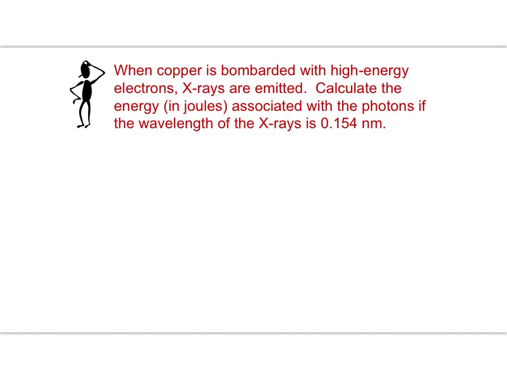When copper is bombarded with high-energy electrons, X-rays are emitted. Calculate the energy in joules associated with the photons if the wavelength of the X-rays is 0.154 nanometers. Okay, so previously there are three equations. Two of them you've got to commit to memory.